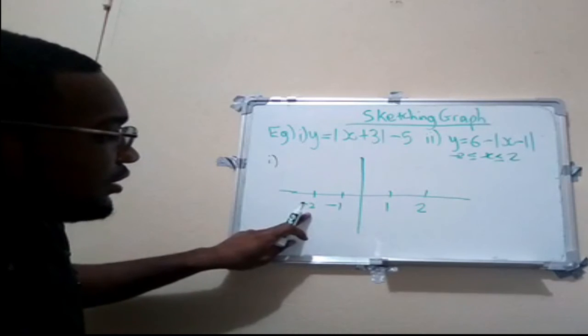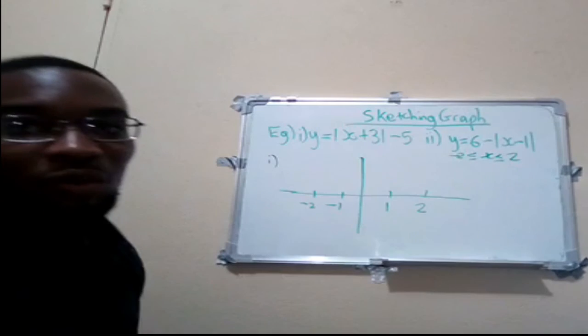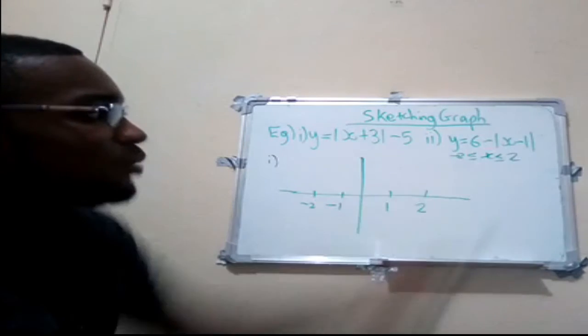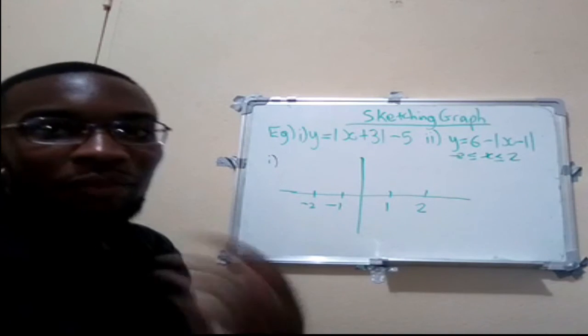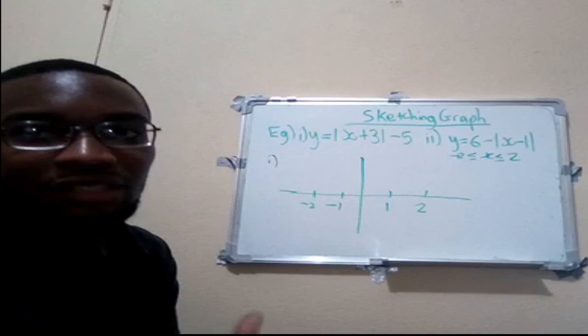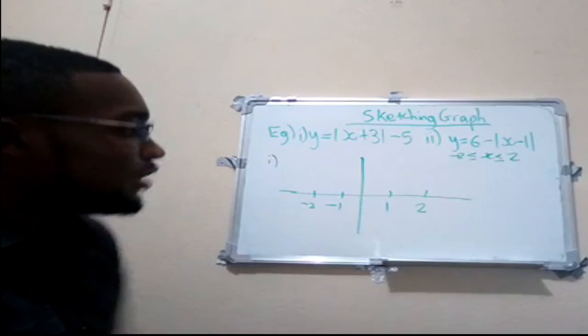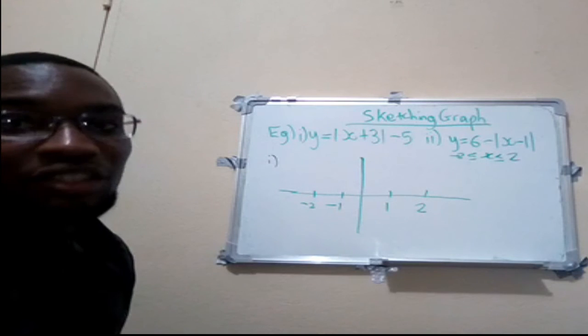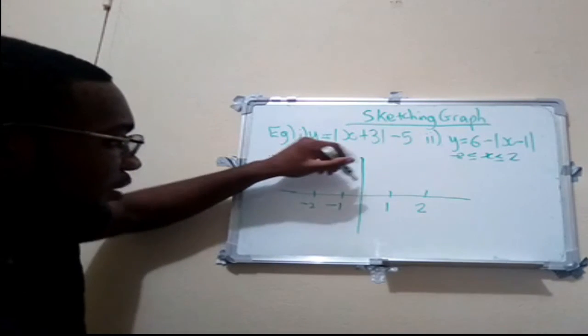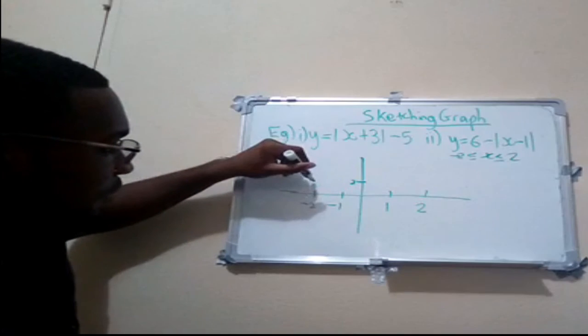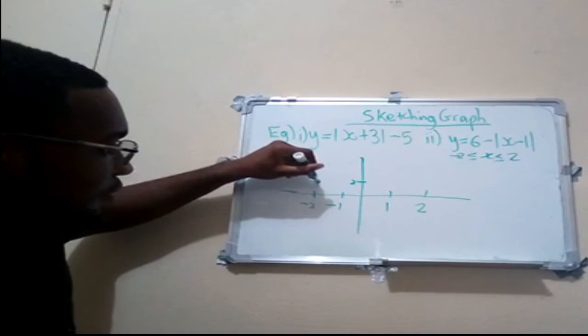When x is -2, the corresponding y value will be: -2 minus 1 is -3. The modulus of -3 is 3. So we get 6 minus 3, which is 3. So the corresponding y value is 3. Let's say 3 is right here.